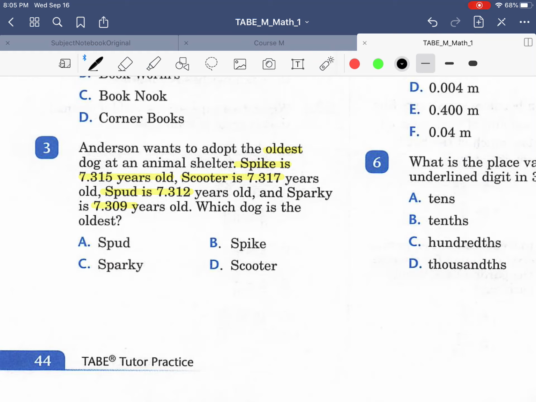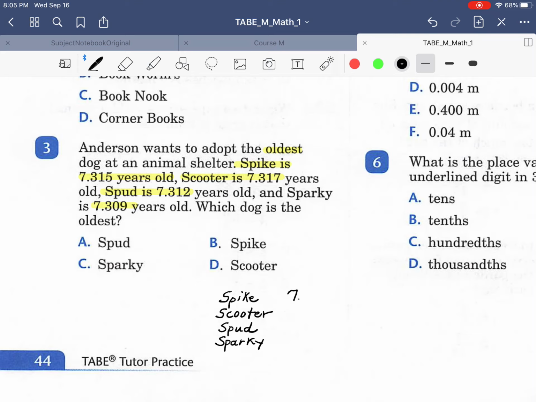One thing that makes this problem a little bit tougher is that all the names start with S. So you have to be very careful that you get the number with the dog that it belongs to. It helps me if the names are all very different. But we have 4 dogs and we have 4 ages.